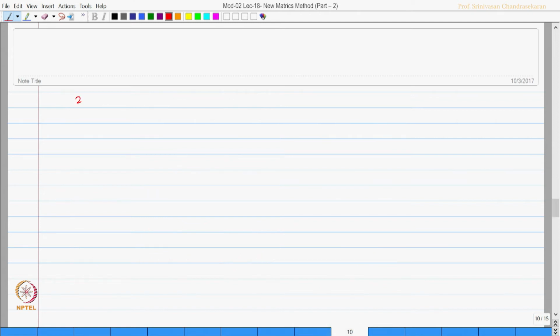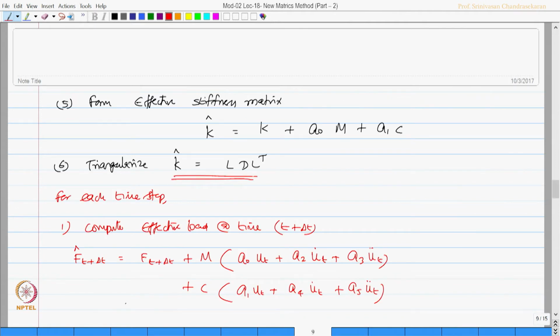The next step is solve for displacement at time t plus delta t, that is a new time step. So, L D L transpose u t plus delta t is f hat t plus delta t, because L D L transpose is actually equal to k hat.